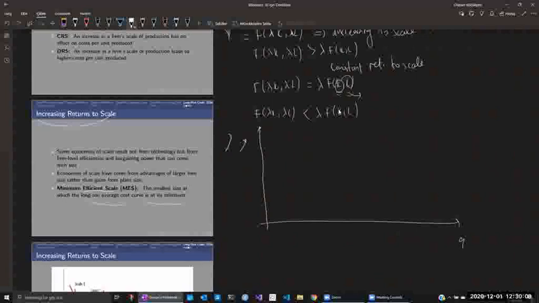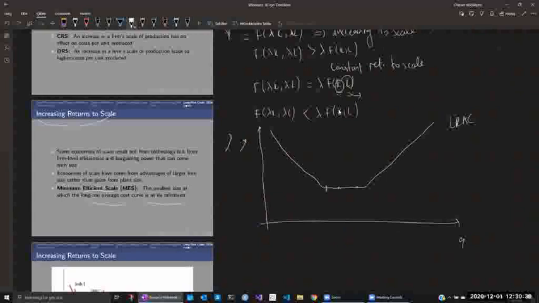There should be a decreasing part. And sometimes it might make a plateau, where some different scales of production lead to the same amount of long run average cost, and then we will see an increasing portion of the long run average cost.